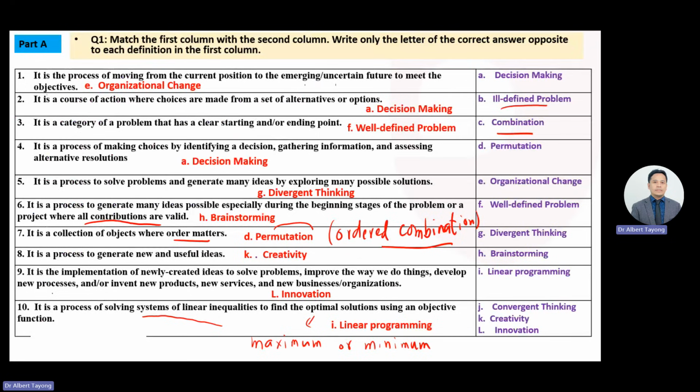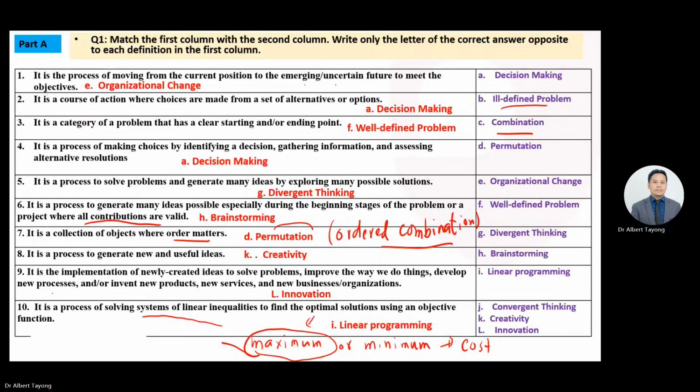So that's the meaning when you talk about linear programming. We either maximize or minimize. When you talk about cost, for example, usually we try to get the minimum cost, expenses, for example. But when you talk about sales, profits, we're talking about maximizing our objective function.